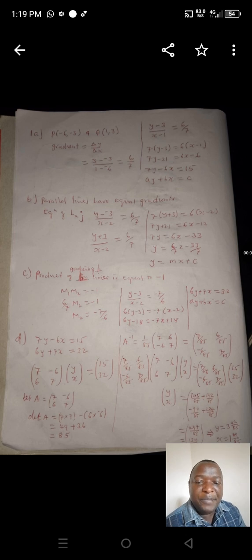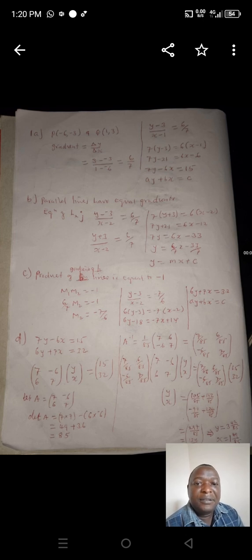Then cross multiply: 7 into (y - 3) is equal to 6 into (x - 1). Opening up the brackets, we get 7y - 21 = 6x - 6.